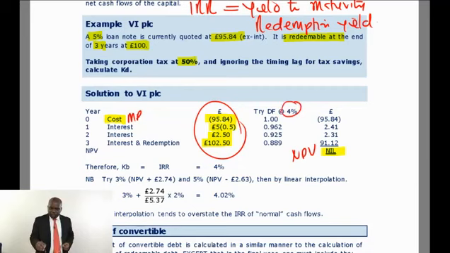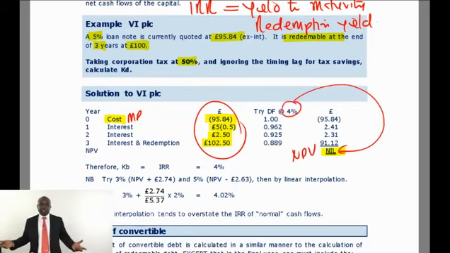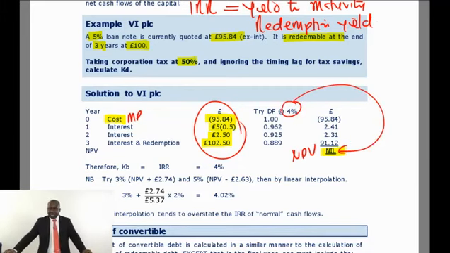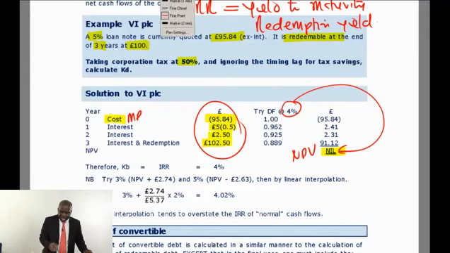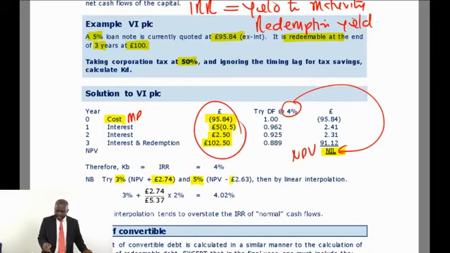So if I assume 4% and the NPV is 0, then straightforward, that is the cost of debt I'm looking for. That's it. They try to do something here for you, that if somebody had assumed 3%, the NPV would have been that. If somebody had assumed 5%, NPV would have been that. And you remember this formula for the internal rate of return: the lower rate plus the NPV of the lower rate divided by the NPV of the lower rate minus the NPV of the higher rate, multiplied by the higher rate minus the lower rate.